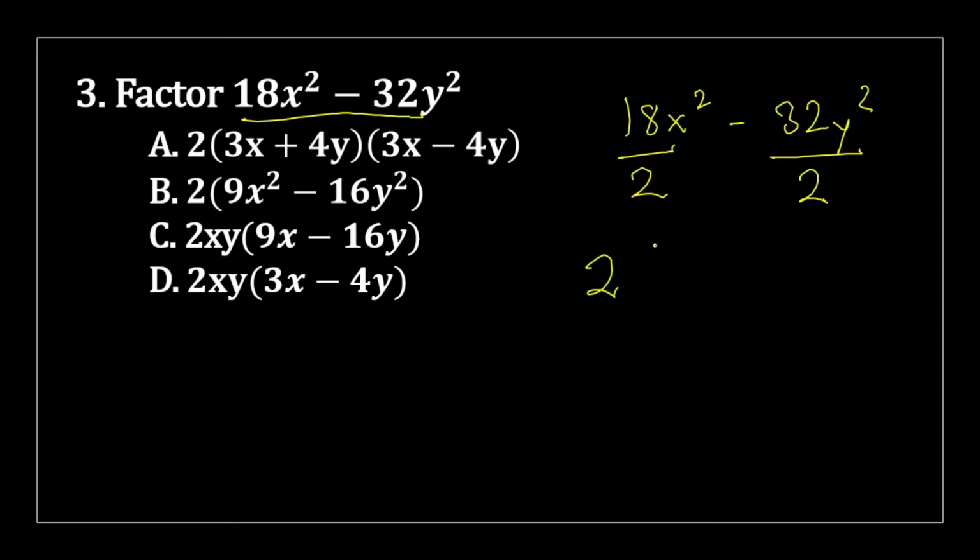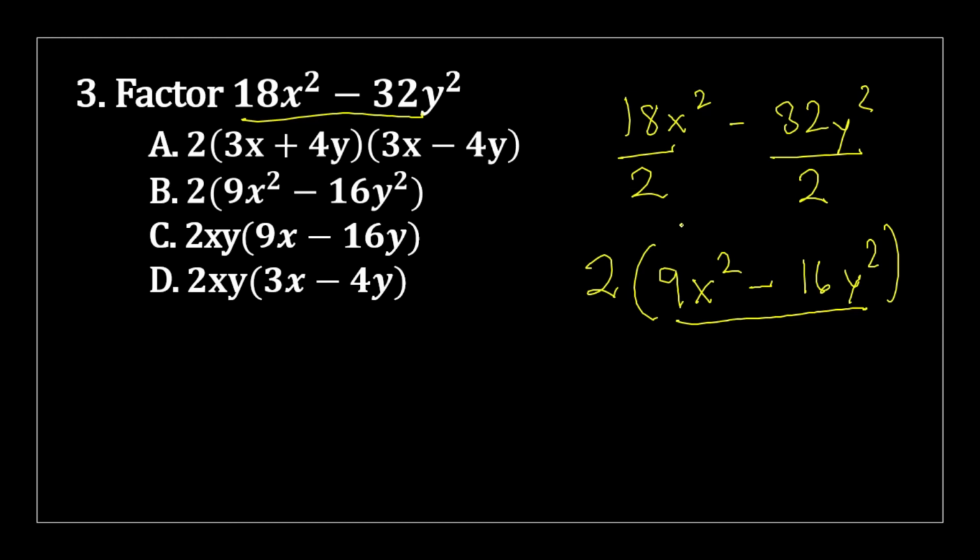We have 2. Then 18 divided by 2 is 9, copy the x squared, minus 32 divided by 2 is 16, y squared. Now we're not done yet because, as you can see, this expression is a difference of two squares.